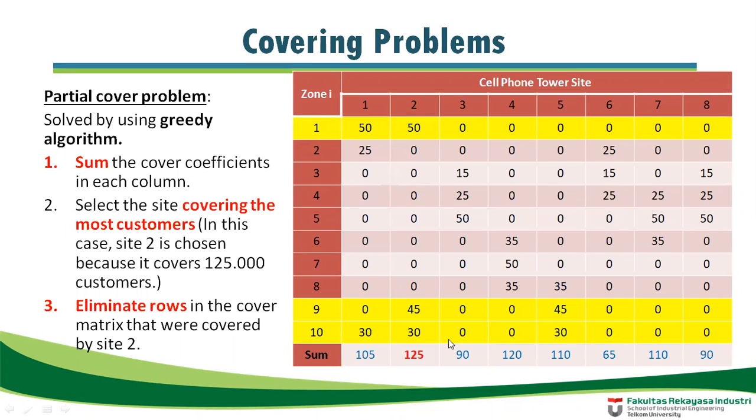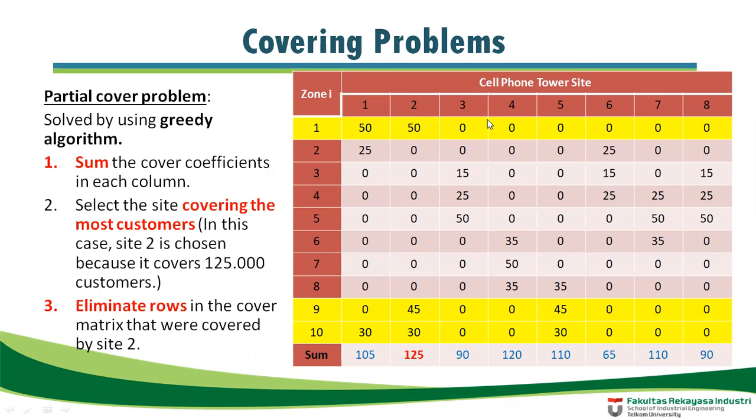Each number represents the limited capacity. For example, the first tower only serves 50 customers in zone number 1, and only 25 customers in the second zone, and so on.